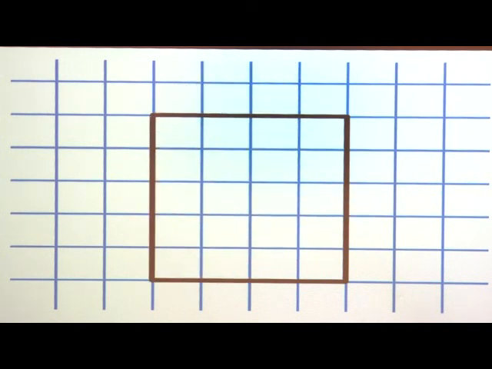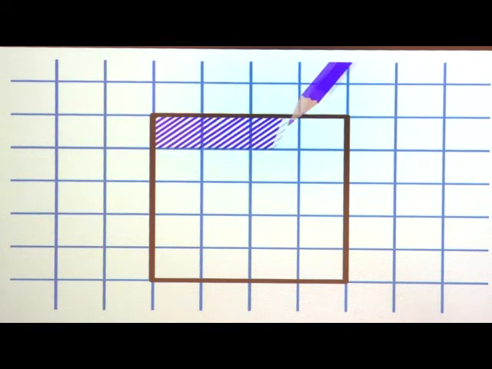Color 1/5 of the rectangle with purple color. Color 3/4 of the rectangle with pink color.